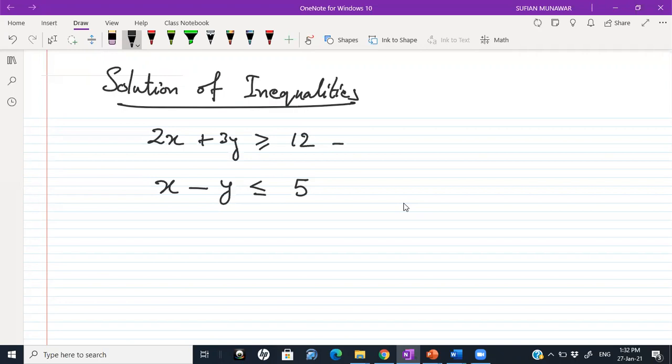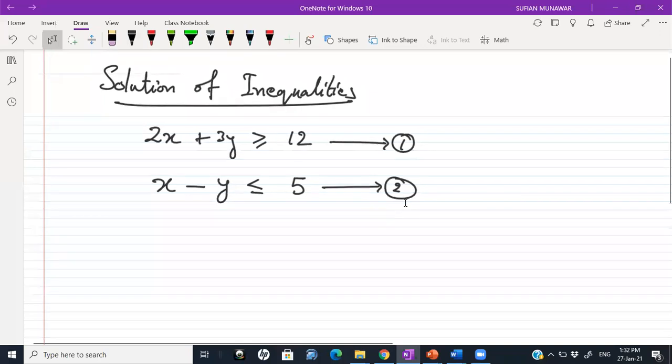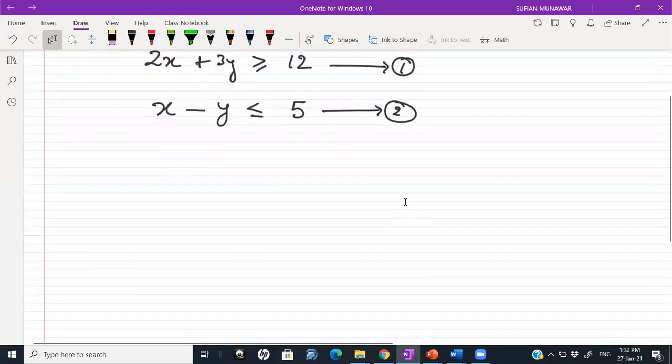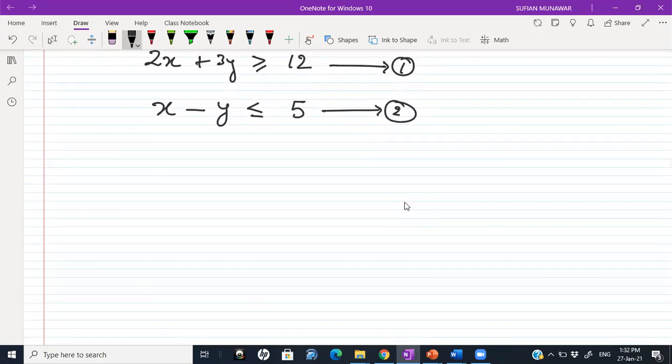Suppose this is 1 and this is 2. Now what we need to do, first of all, we will convert both of them into equations. We will calculate their corresponding equations. So the first one is 2x plus 3y equal to 12, and x minus y equal to 5.